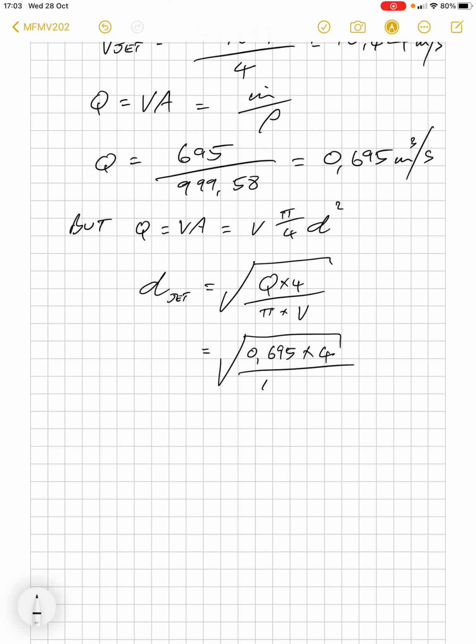Divide that by pi. And also the velocity, which then is 16.424.